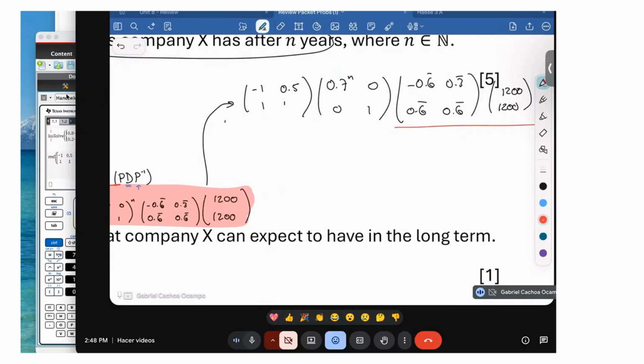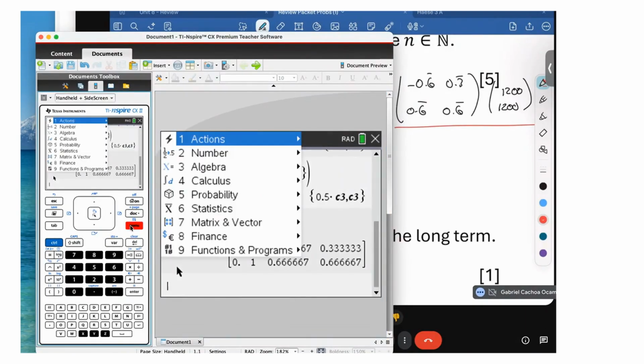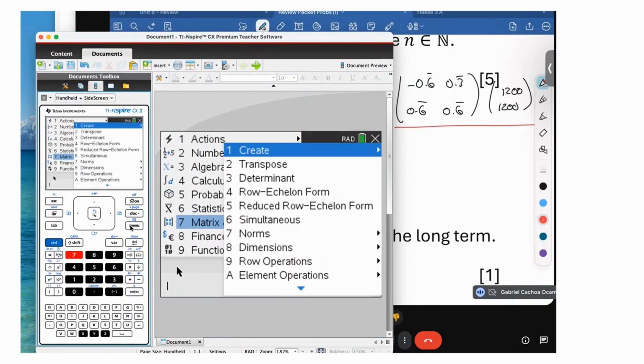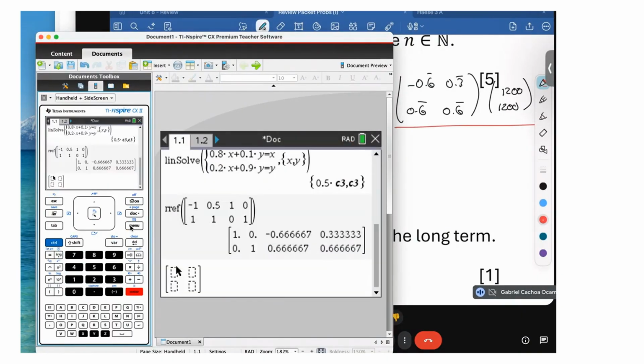We can just put it into the calculator. And so I'm just gonna go to menu, matrix, create a matrix, a 2 by 2, that is gonna be, well, but positive.